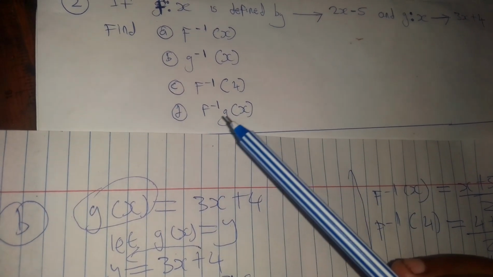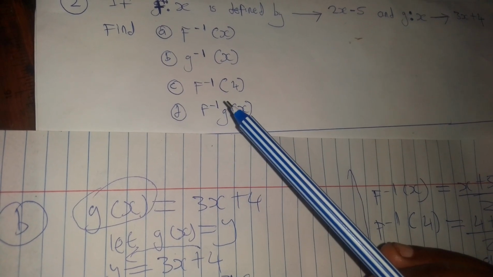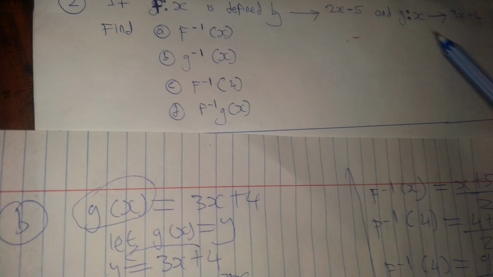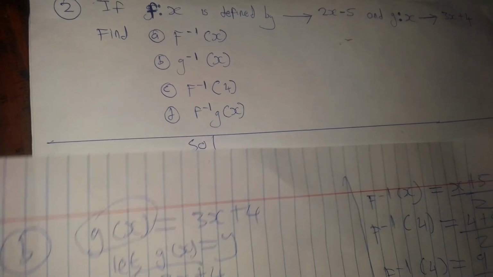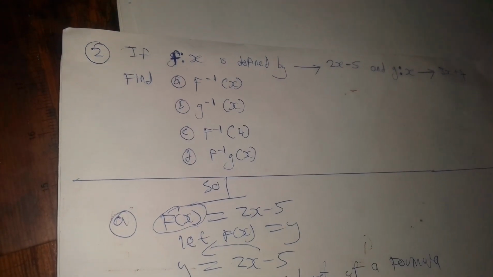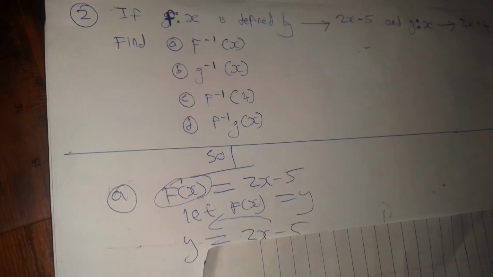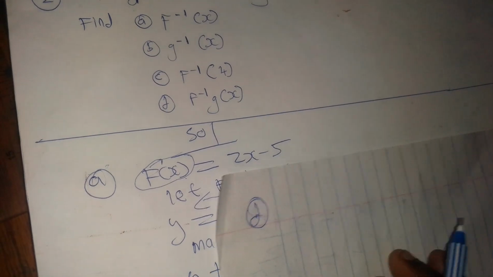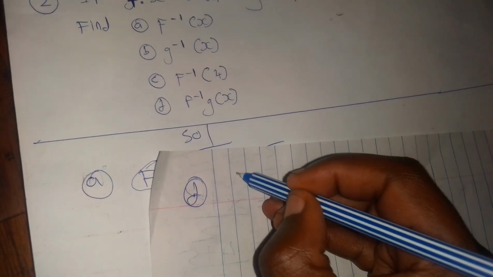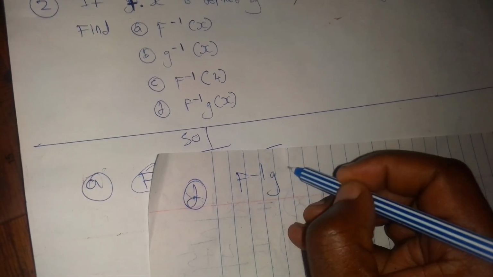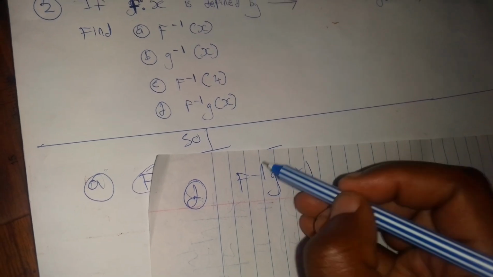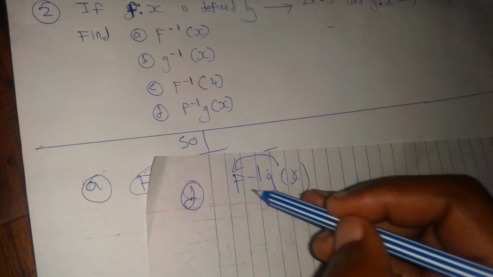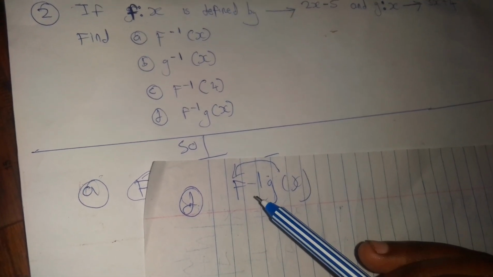The last one, they are saying f inverse g of x. So on D, we have to know first, if you have f inverse g of x, it means the g of x is going into f inverse.